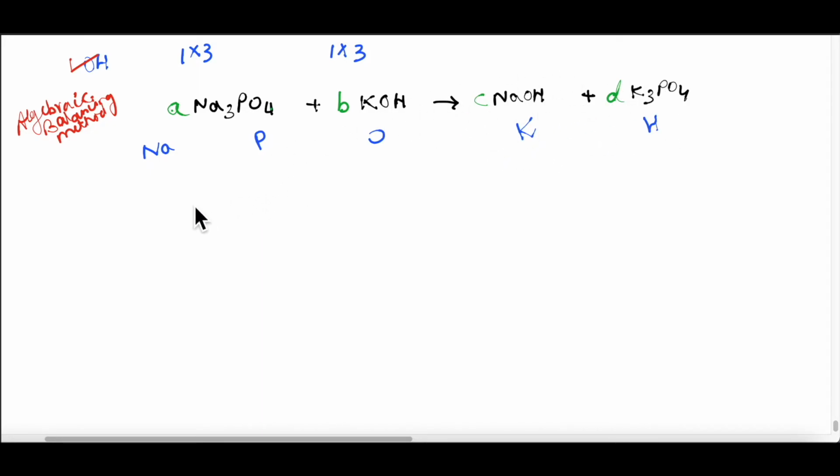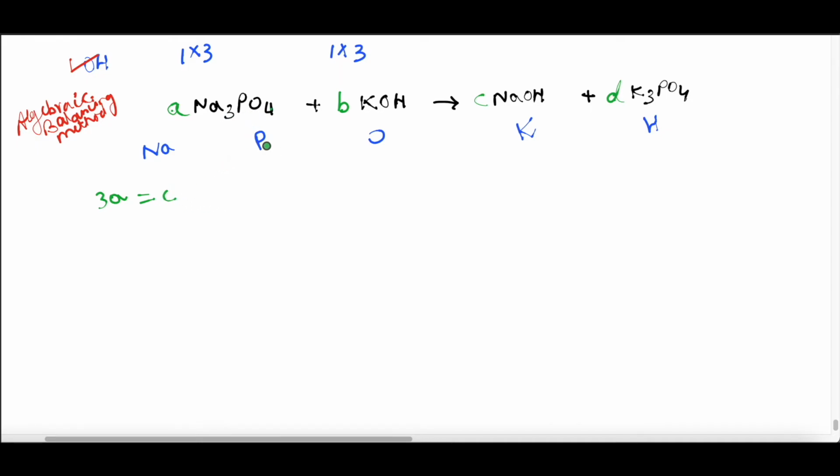So these are the elements present in this chemical reaction. Now move on to the next step, that is sodium is 3 times A on the reactant side is equal to 1 times C on the product side. So 3 is equal to C.